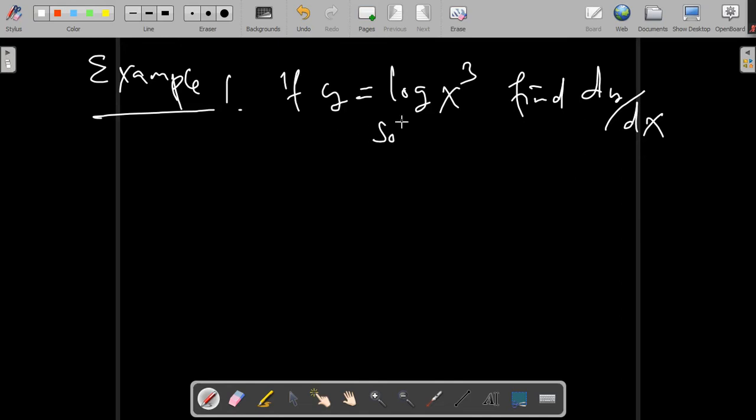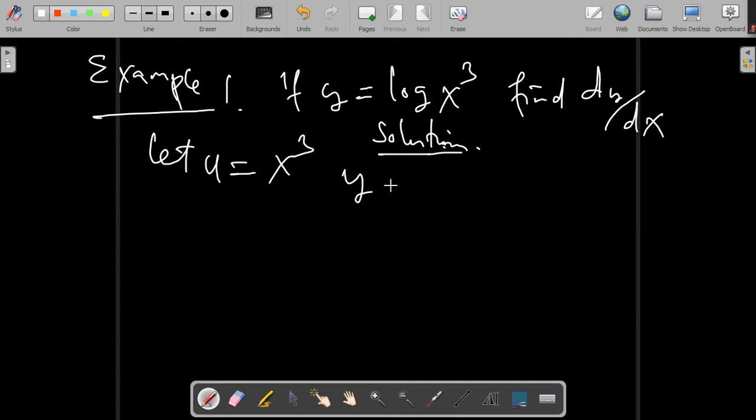Solution: let u be equal to x cubed, and let y be equal to log u. Since we let u be x cubed, instead of writing x cubed, we write y is equal to log u.